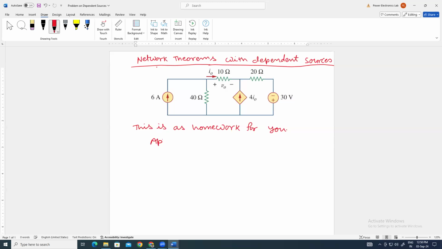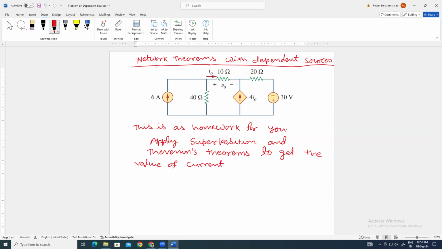Okay, you have to apply superposition and Thevenin's theorem to get the value of current flowing through 10 ohm, that is I naught.